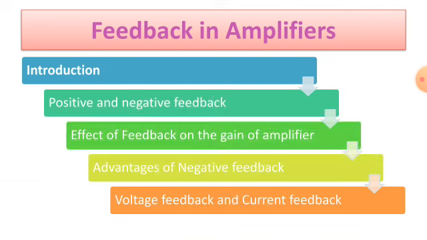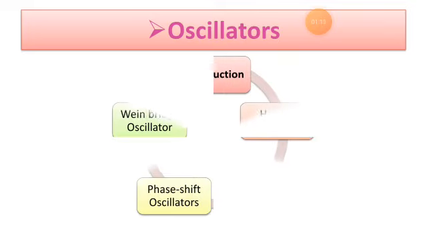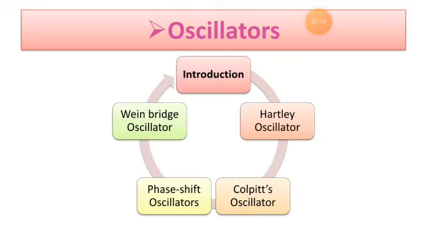Now, after studying this feedback in amplifier, the next topic is oscillator. Under the heading oscillator, again we have to study what is this oscillator, its introduction and different types of oscillators: Hartley oscillator, Colpitts oscillator, phase shift oscillator and Wien bridge oscillator.